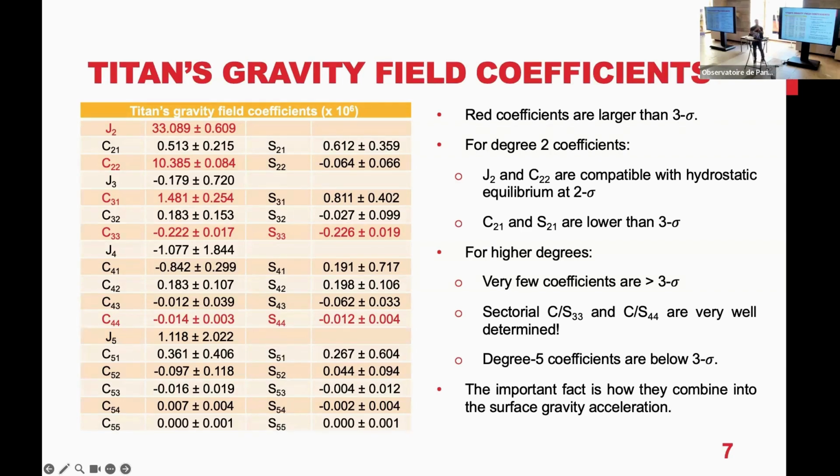Also, you can notice that none of the degree 5 coefficients has been determined to that level of accuracy, but still the inclusion of degree 5 is important on a local scale, but it's not supported on a global scale on Titan.